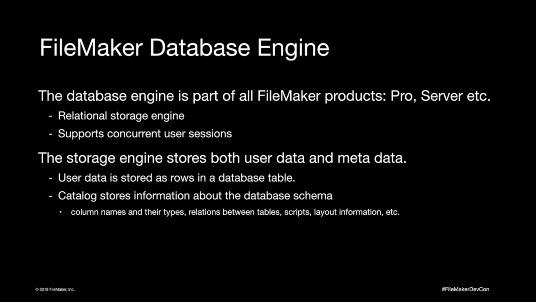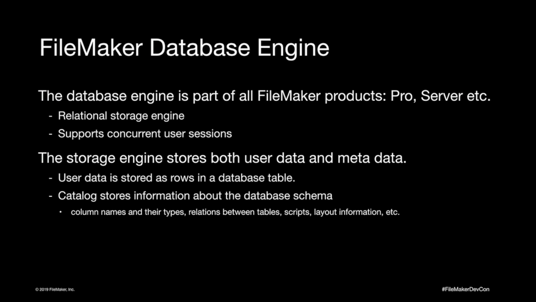What type of data do we store in the FileMaker database? Mainly, there are two categories of data. One is actually the user data, like, for example, all the tables and rows, columns, and what's the data in that. But more importantly, there is also the metadata, which the database engine has to maintain. This includes information like what are the table names, what are the column names, and what are the types of the columns, and what kind of relations we have between the tables.